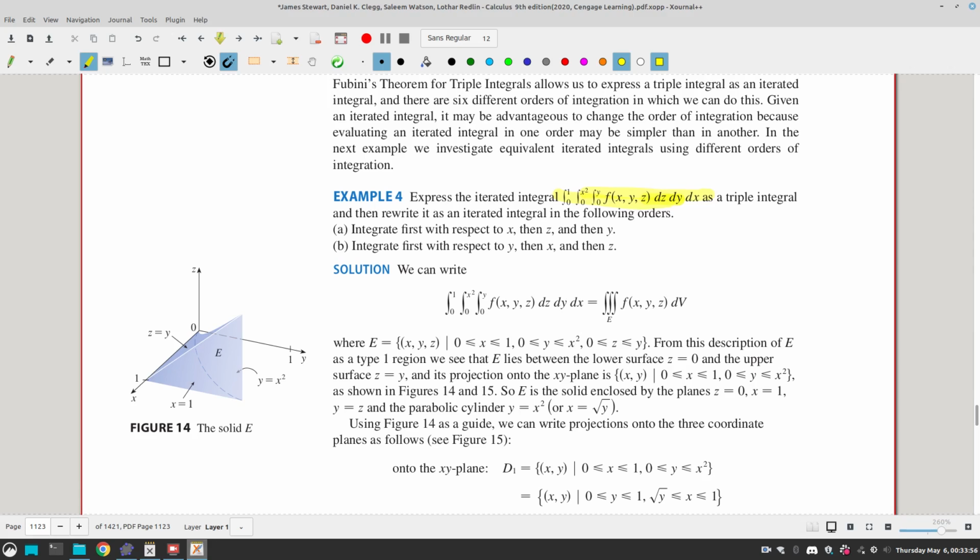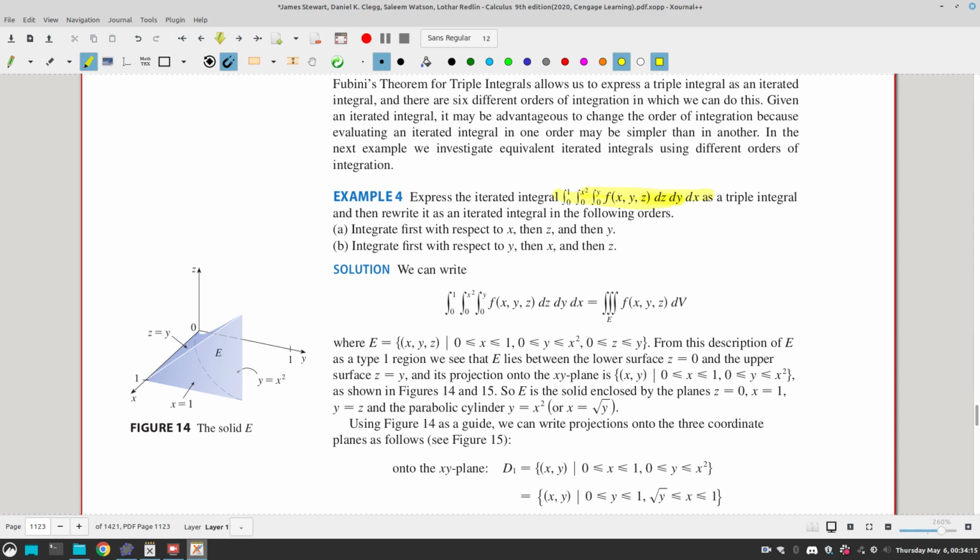Right, now we want to integrate first with respect to z, then with respect to x, then with respect to y. Okay, let's see what the region looks like, what the solid E looks like.